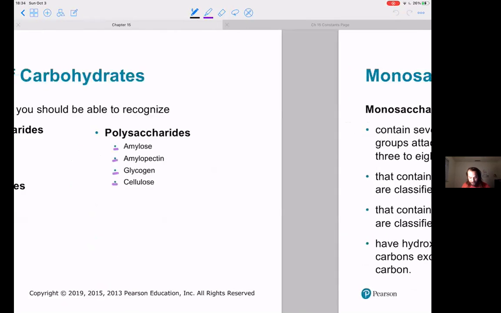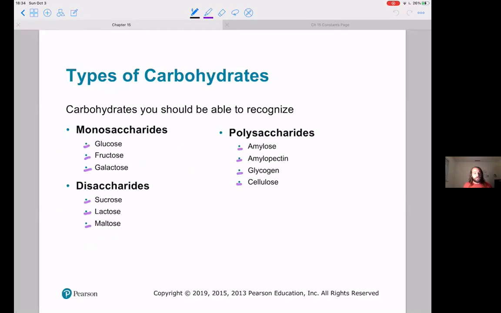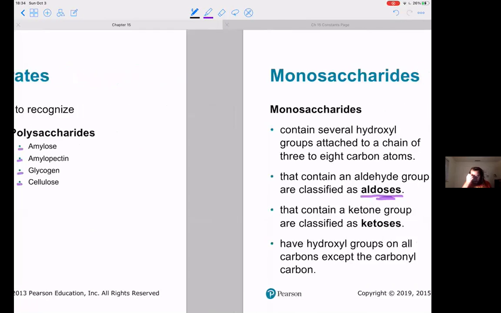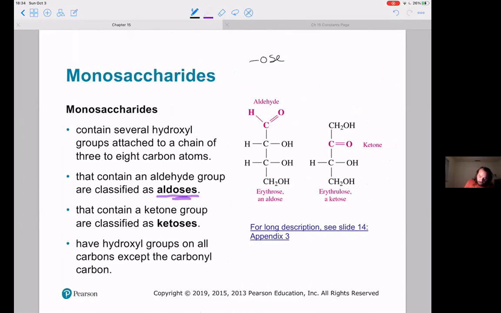In fact, if we go back to that list of sugars you were expected to know, notice that all of our monosaccharides and disaccharides end in that ose ending. Kind of like in organic chemistry, when you were introduced to a new functional group and it had a certain suffix like ol or one or oic acid. For sugars, that suffix is ose. So if your sugar contains an aldehyde group, it's an aldose. If it contains a ketone, it's a ketose.